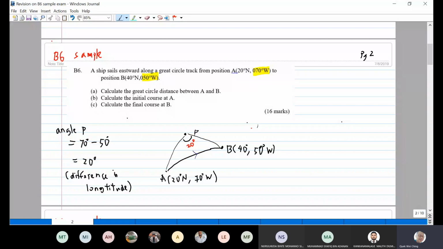From 70 west to 50 west, the difference is 20 degrees. So that's how you know the angle P is 20 degrees. This is how you find out angle P first. So let me present this to you.